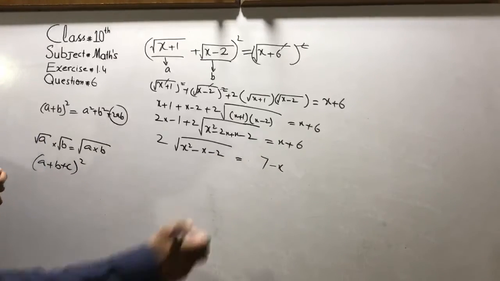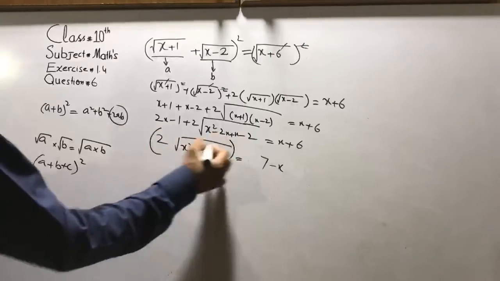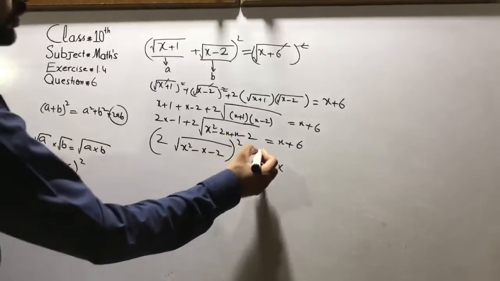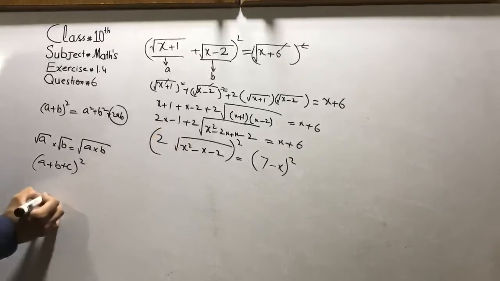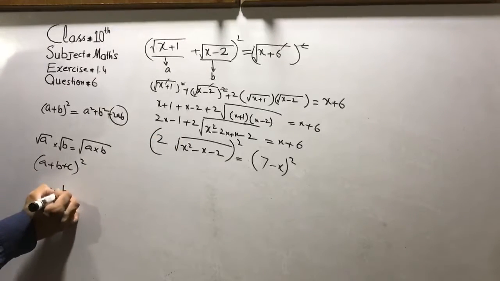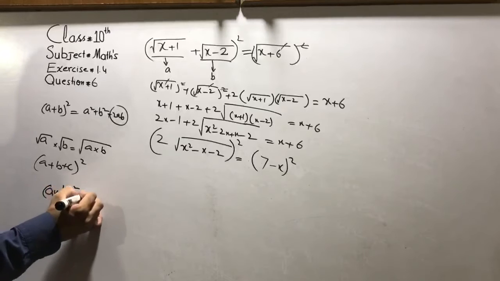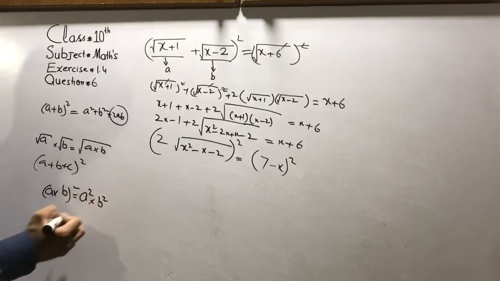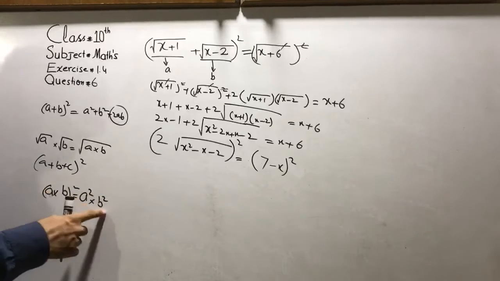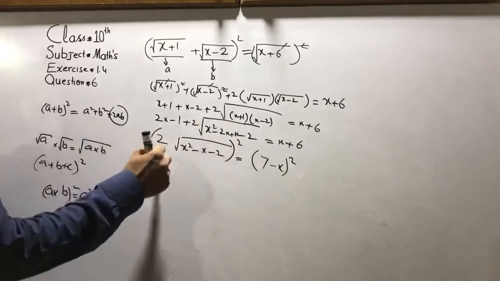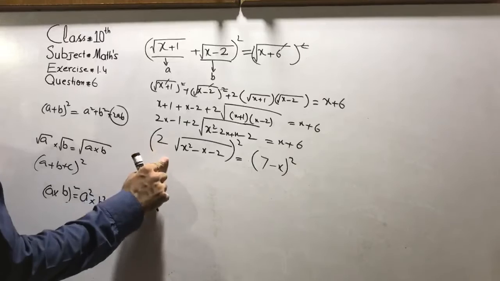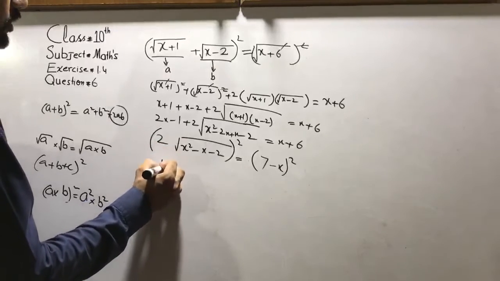In the next step, we take square on both sides. Here there is a formula: a times b whole square means a square multiplied by b square. We can write 2 times root of x square minus x minus 2 whole square, so we take the square of 2 separately, that is equal to 4.